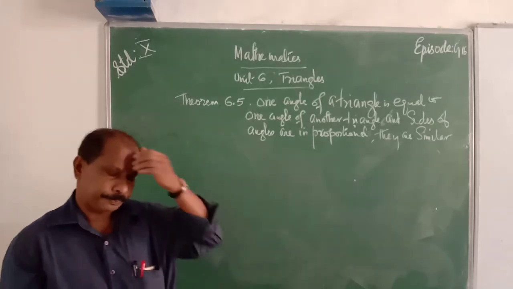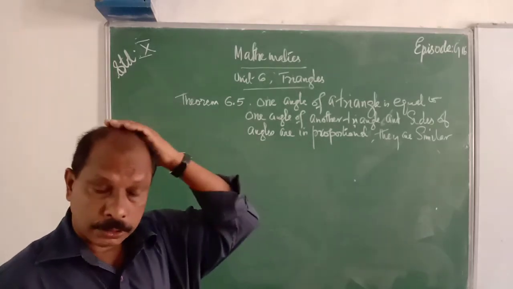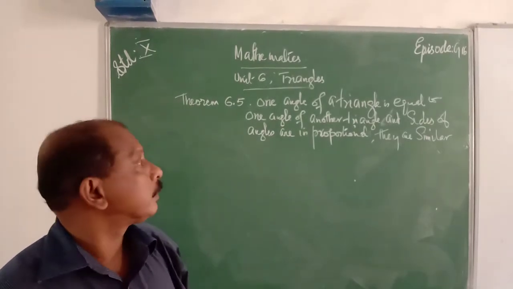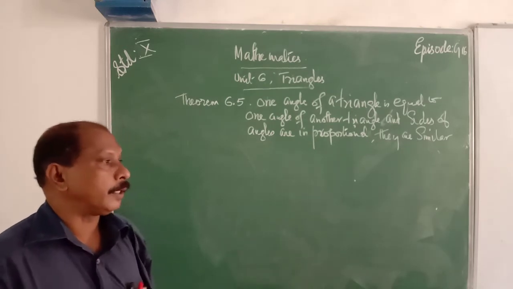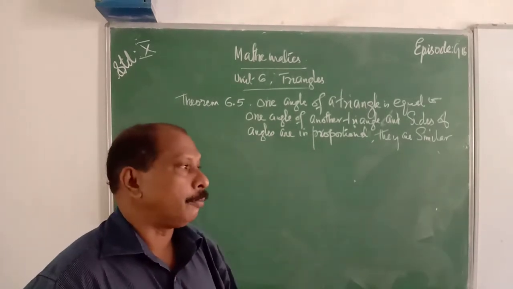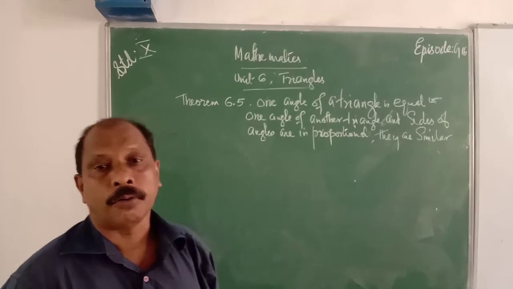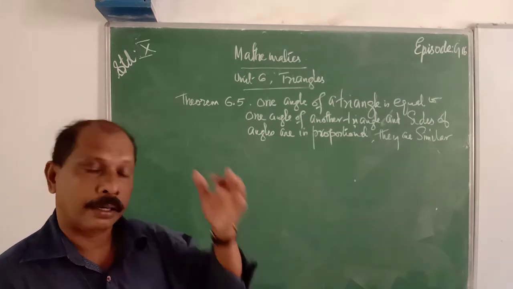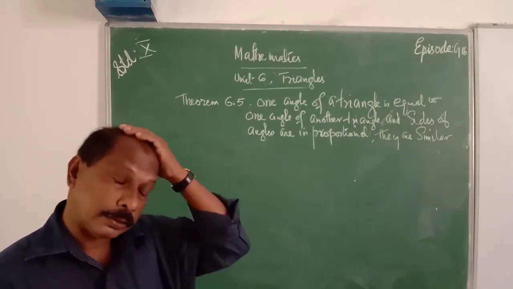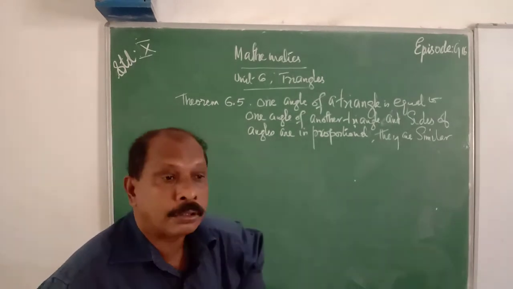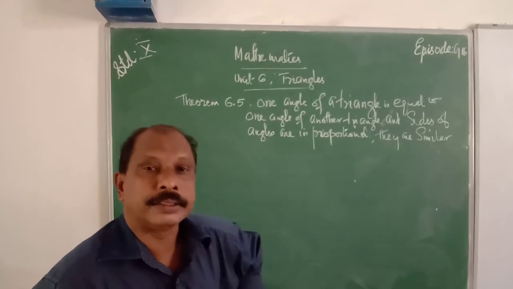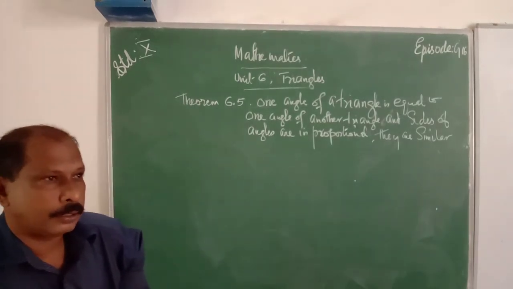Dear students, in the 16th episode, we discuss other theorems of similar triangles. In the previous episodes, we discussed the basic proportionality theorem, the converse of the basic proportionality theorem, then theorem number 3, the angle criteria of similar triangles, then theorem number 4, the side criteria of similar triangles.